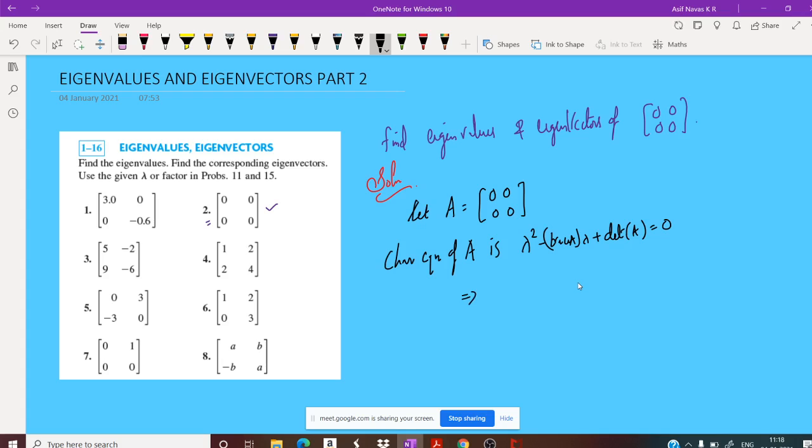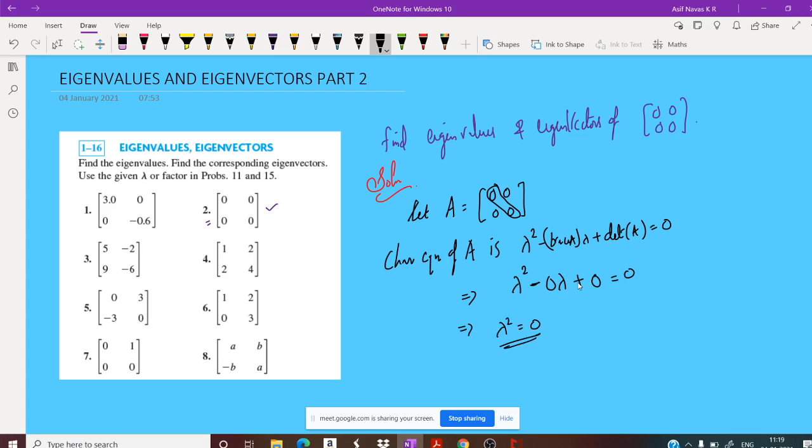What is trace here? Trace is the sum of the diagonal entries, 0 plus 0, which is 0. So lambda square minus 0 lambda plus determinant. The determinant of the 0 matrix is 0. Which implies lambda square is equal to 0.